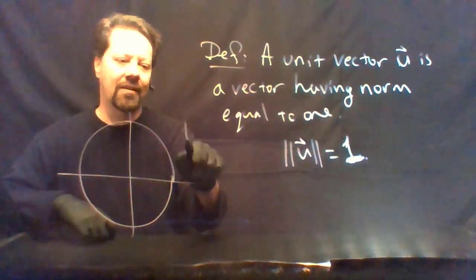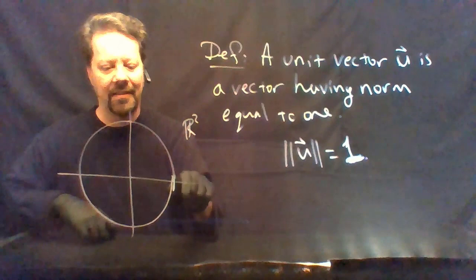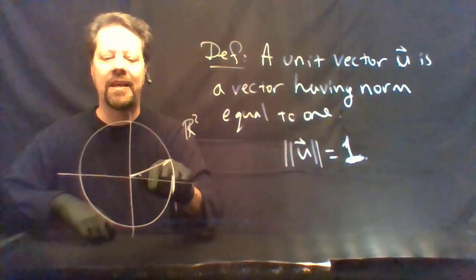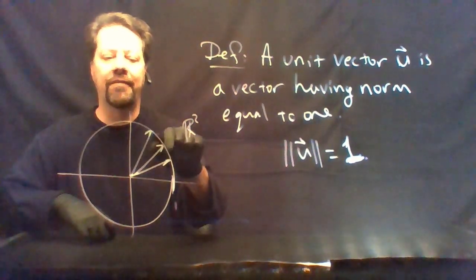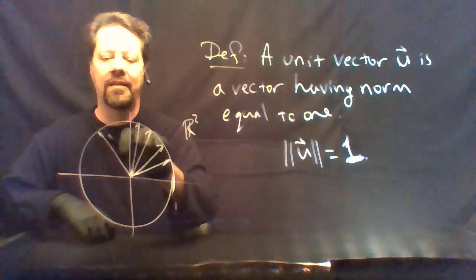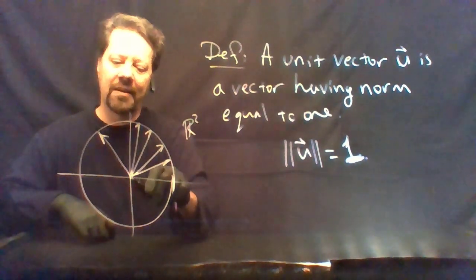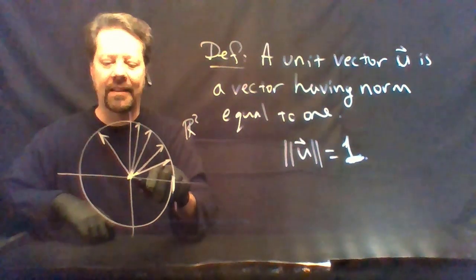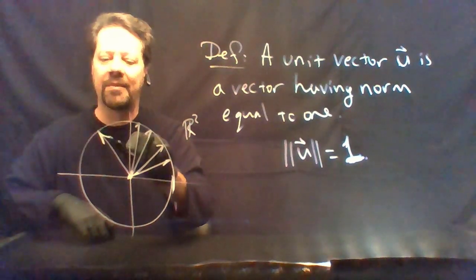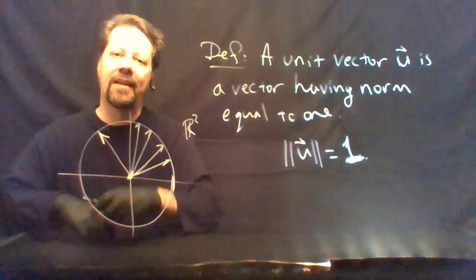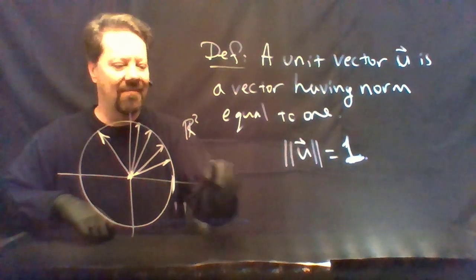As you can see in R2, there's going to be a whole lot of different unit vectors. Every vector with the base point at the origin and the tip on the unit circle is a unit vector.